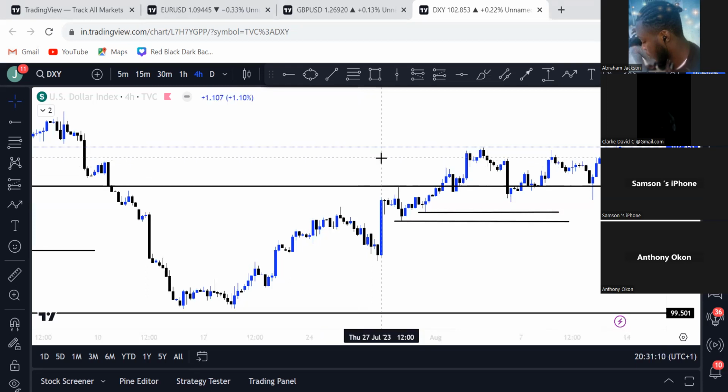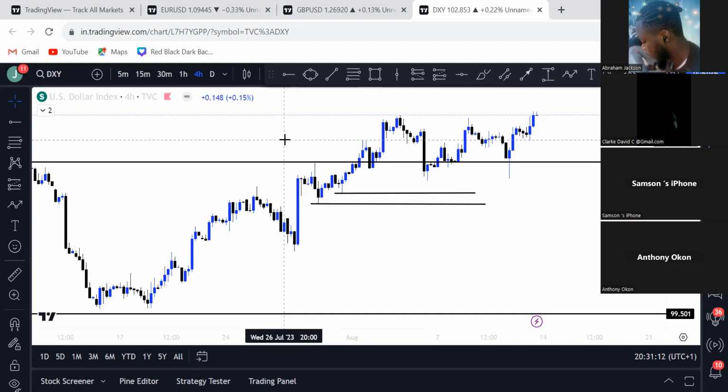Okay, so the first chart, or the first pair that I actually look out for, is the dollar index, which is DXY. I'm sure you guys are familiar with it, right? Are you guys familiar with the dollar index? Let me know in the comment section, or you could just unmute your mic and let me know.